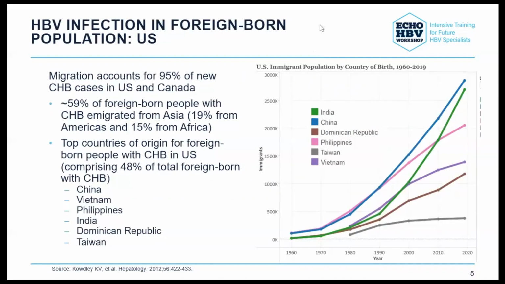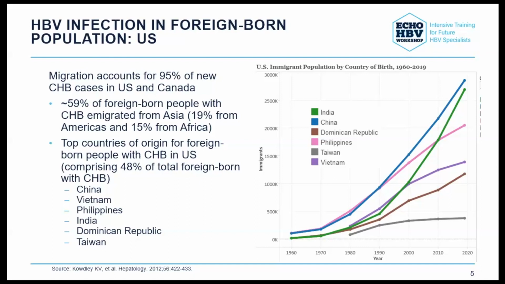So why is that important in the US? Because this is a country with a lot of immigrants. And for the last 20, 30 years, the proportion of immigrants from Asia is actually much more than those from Europe.